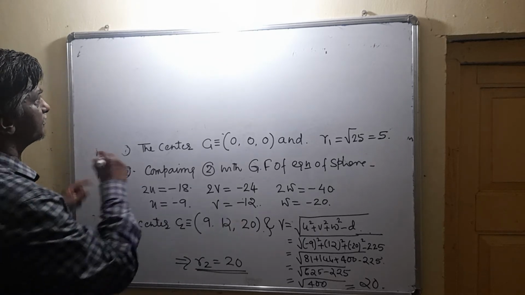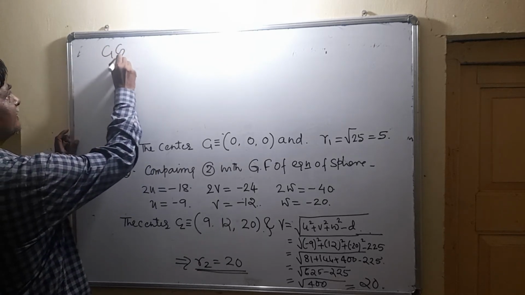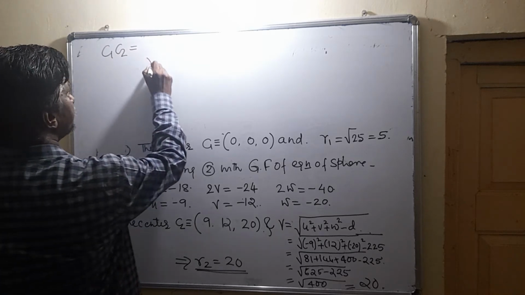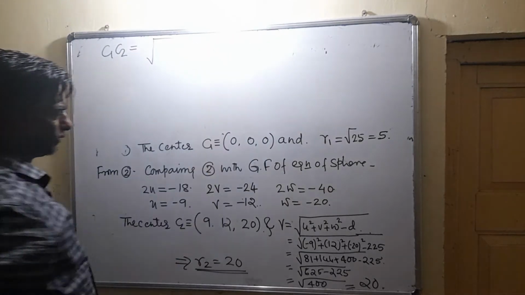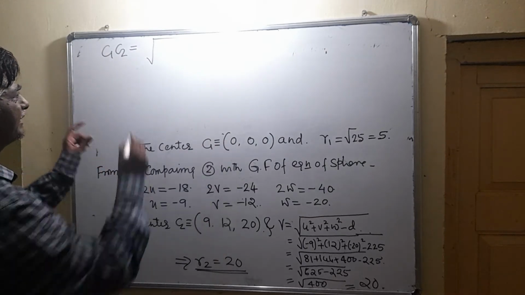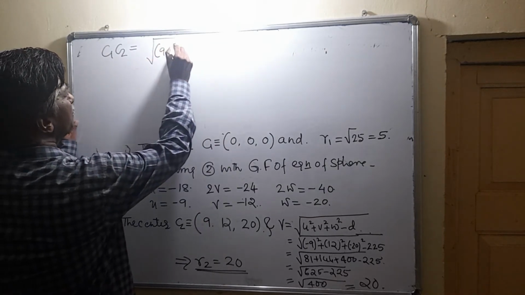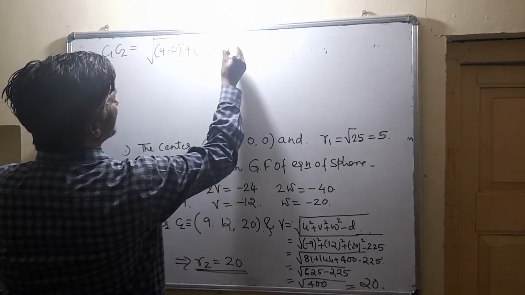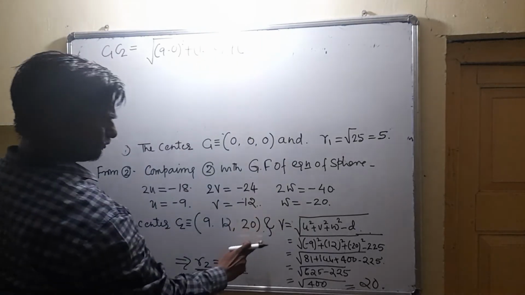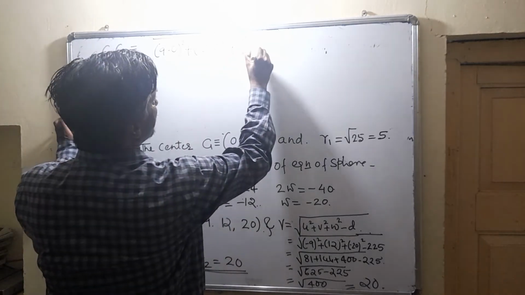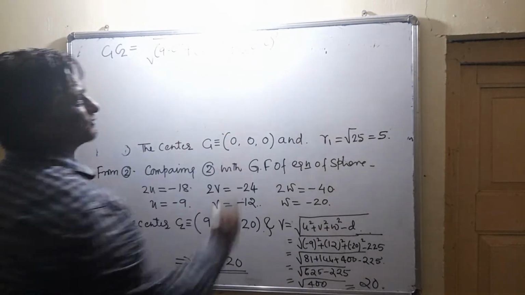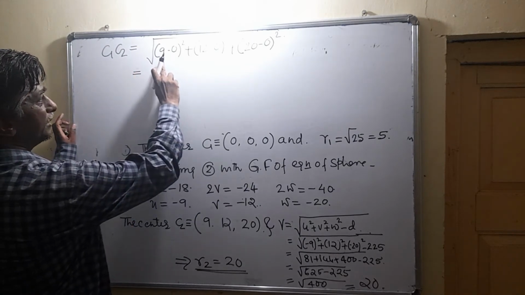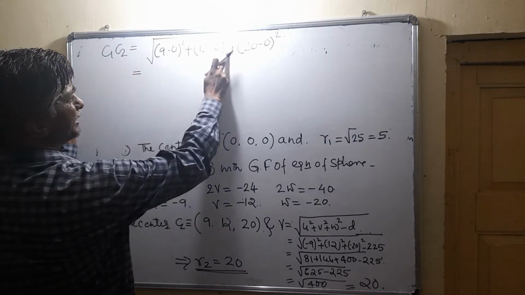C1C2 equal to the square root of 9 minus 0 bracket square plus 12 minus 0 bracket square plus 20 minus 0 bracket square.